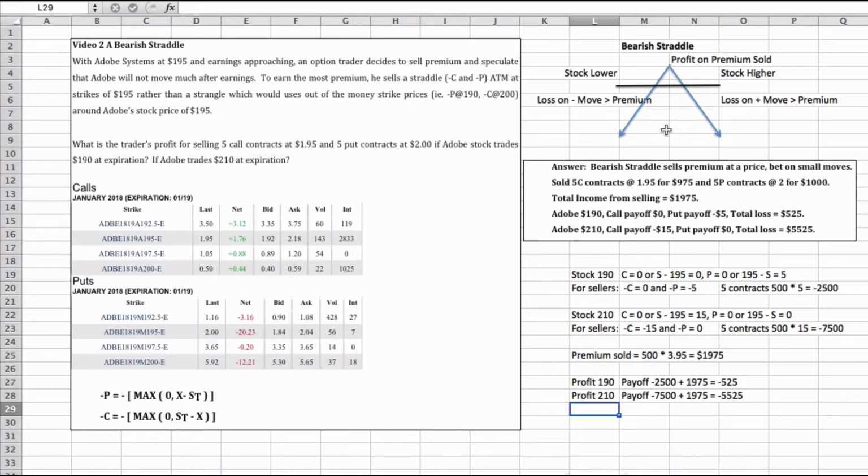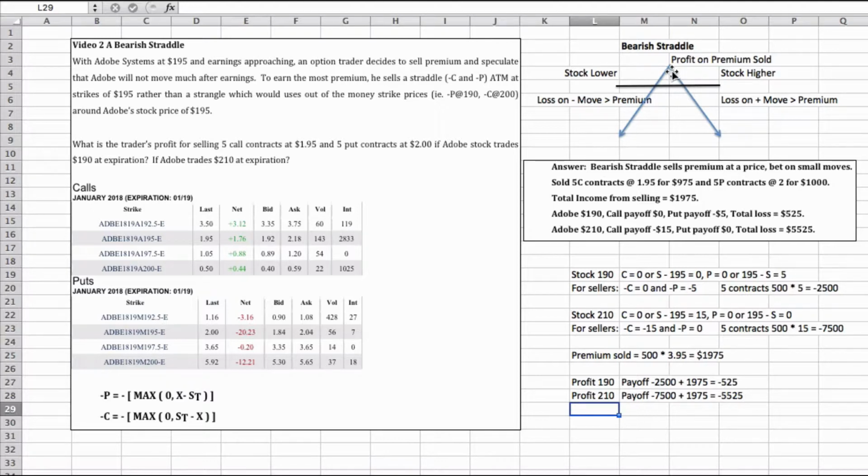So here's what we look like in a diagram. The almost $4 in premium, if prices don't move from 195, we would keep. And if stock prices go down, eventually the $4 profit will go to zero, and then you'll take on losses as stock prices move further down.